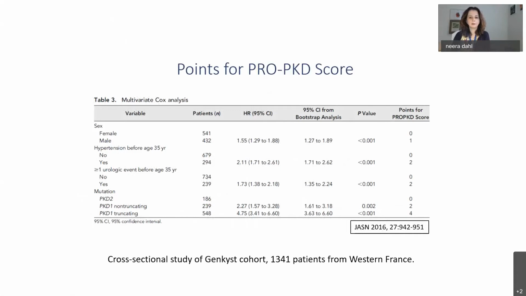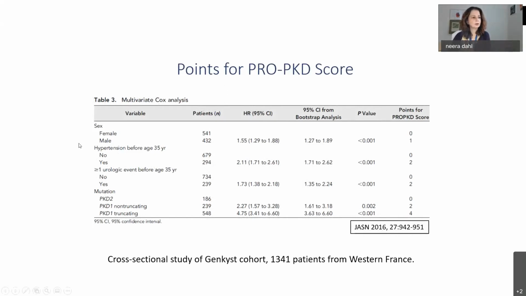And I talked a lot about the Pro-PKD score. So the Pro-PKD score is a score that was developed in Western France, looking at a population of the ADPKD patients there. And they basically looked at the genotypes, at clinical information, and came up with a prognostic score for who's most likely to progress.